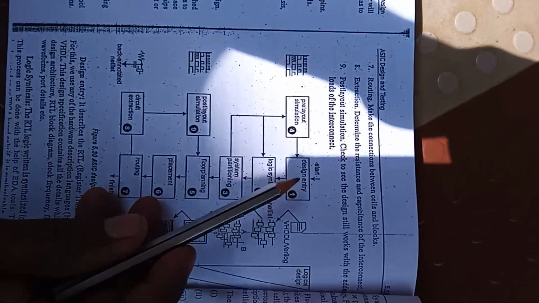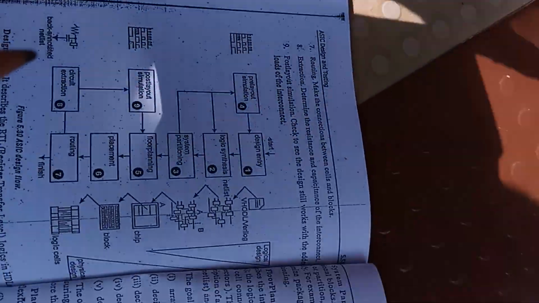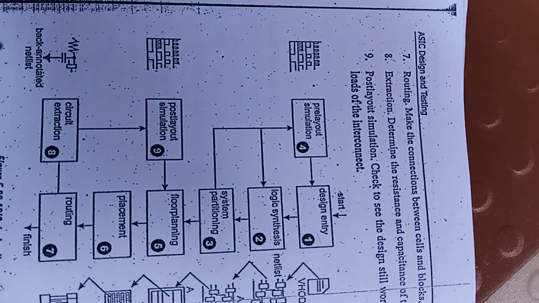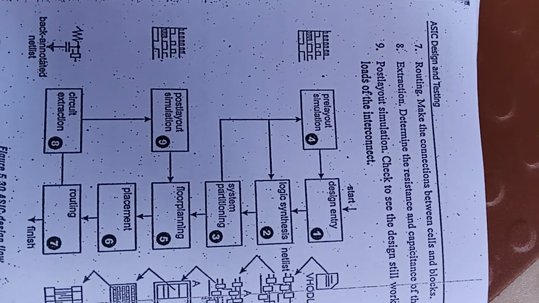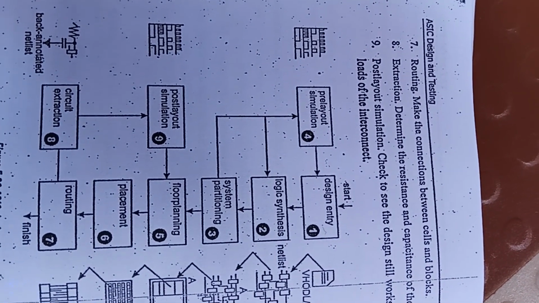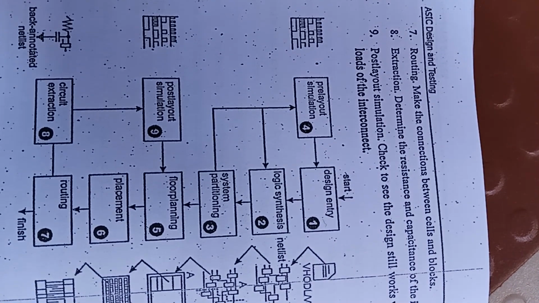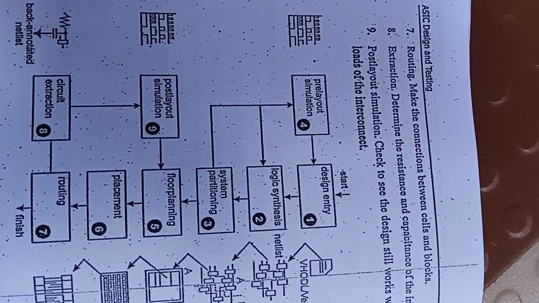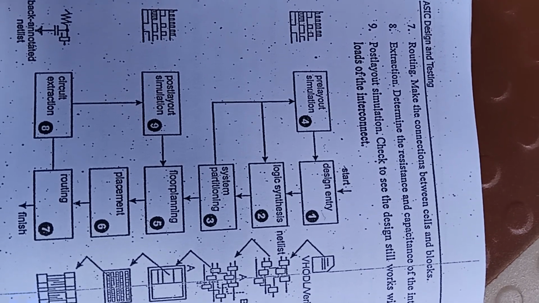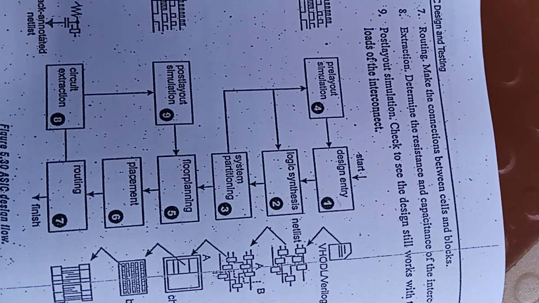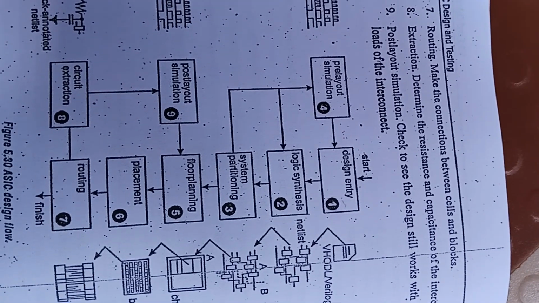In ASIC design flow, this is the design flow. So design entry, we start with the design requirements, then we have to synthesize our logic using logic gates, and we have to partition the hardware and software part. And floor plan, we have to do floor planning in the sense of where the devices come, which flow. If we have multi-layer devices we have to plan. Next we have to place the closer devices, that is placement.